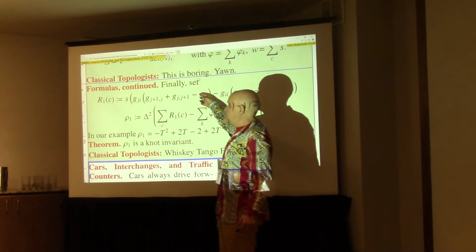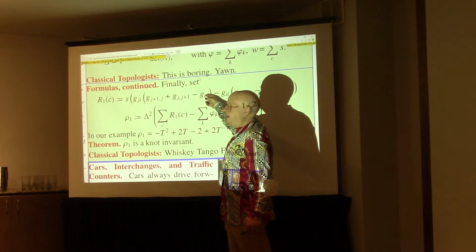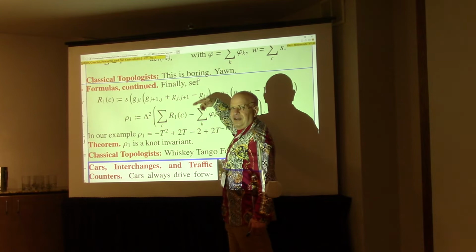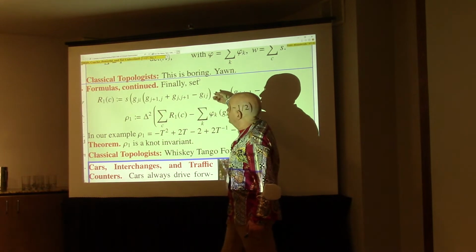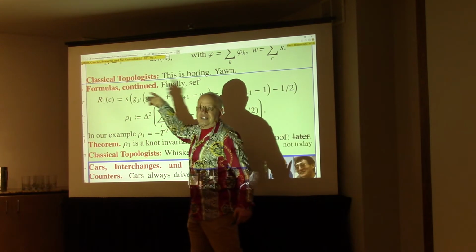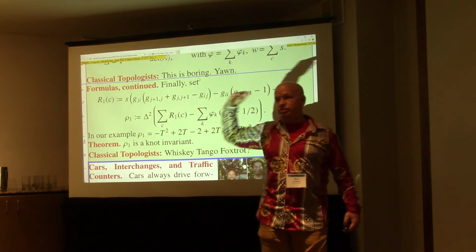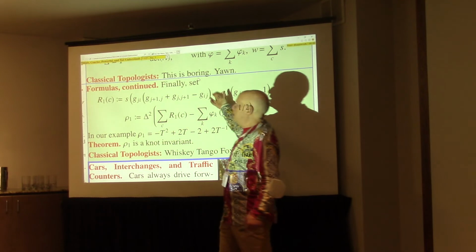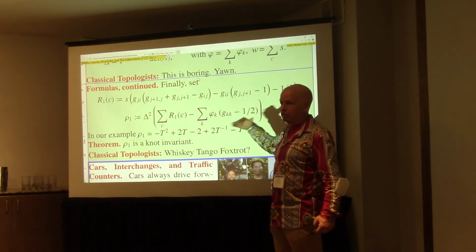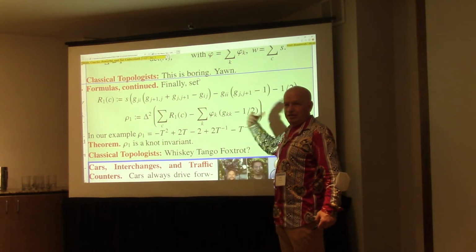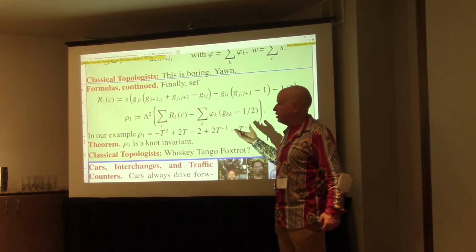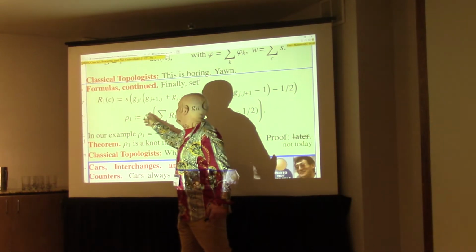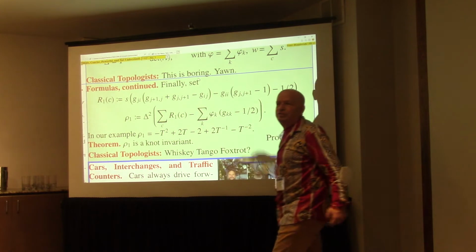Now, since this is quadratic in the inverse matrix, it will have denominators, the determinant, so the Alexander polynomial. And since this is quadratic, the denominators will be the Alexander polynomial squared. And so I multiply rho 1 by the Alexander polynomial squared just to clear the denominators.